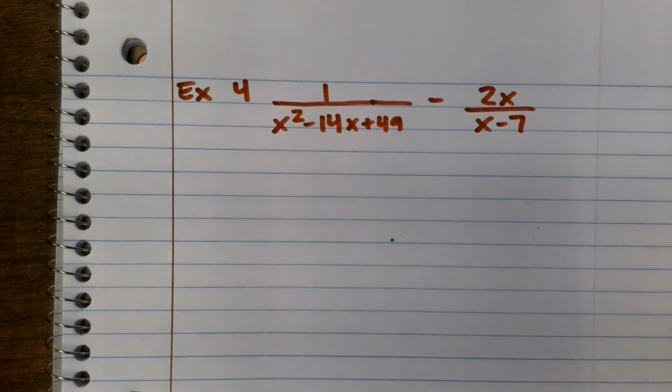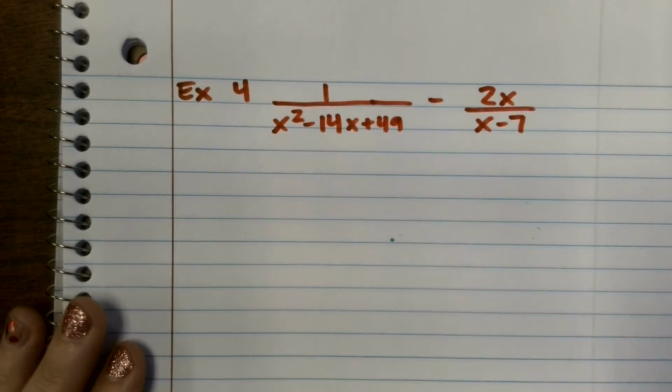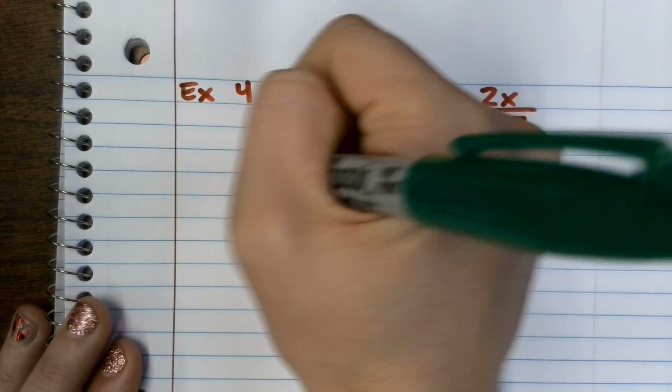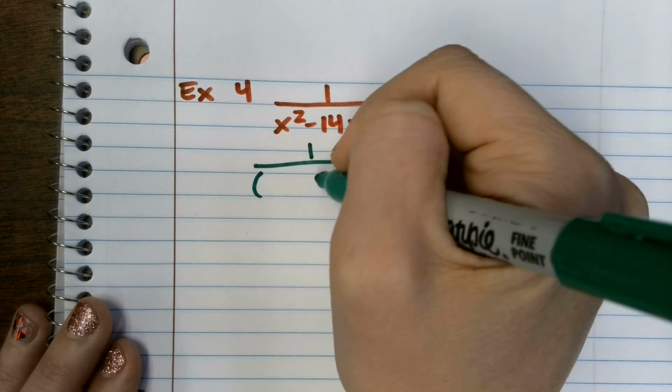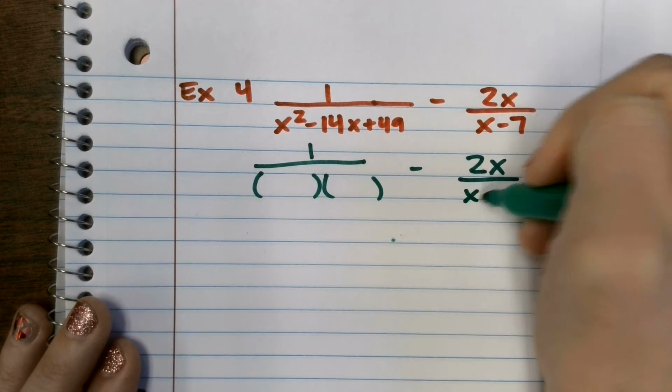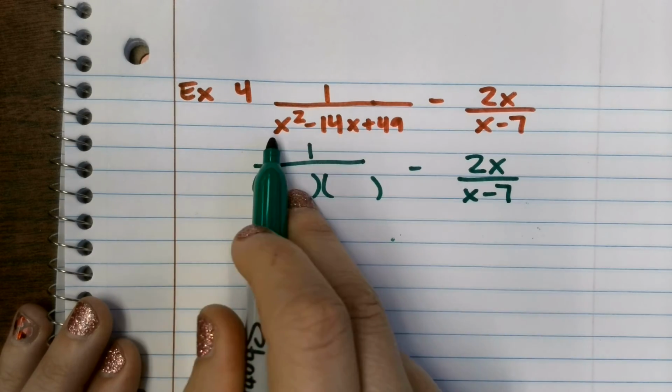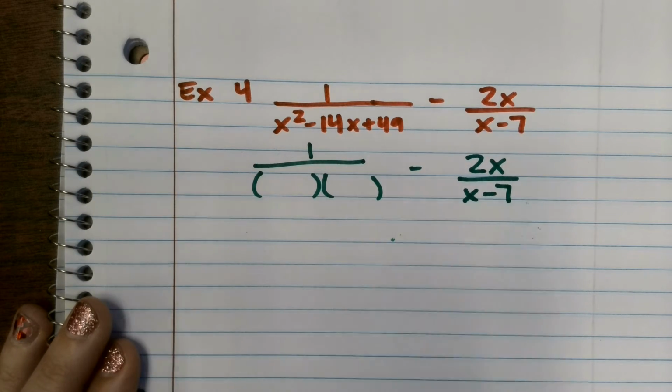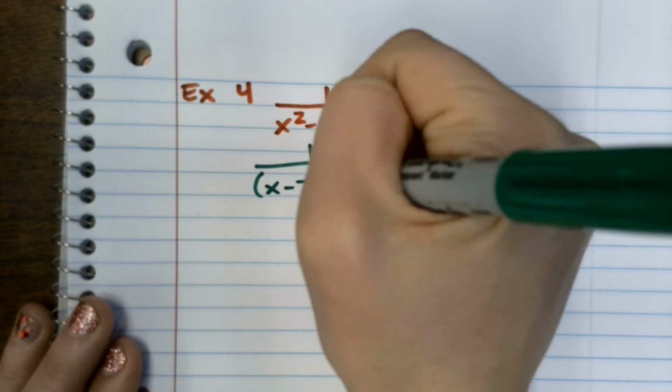Okay, last adding and subtracting, and with a subtraction one, because we do need an example there. Still needing a common denominator. The only part that's going to be different is that I am subtracting instead of adding. And I can notice right off the bat that I can factor this x squared minus 14x plus 49 into an x minus 7.